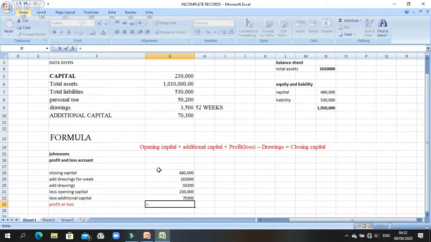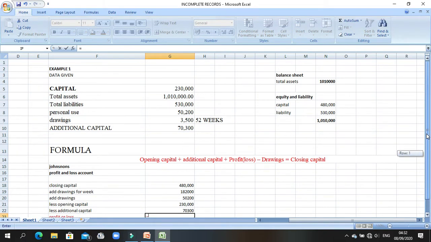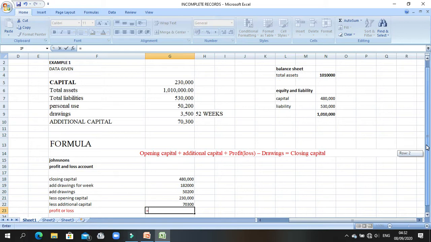Let us solve this question, the first question now. In the first example, this is the given data: they give us the capital, total assets, total liabilities, drawings for personal use, drawings weekly, and also additional capital.